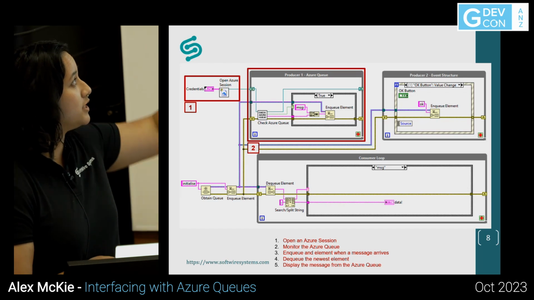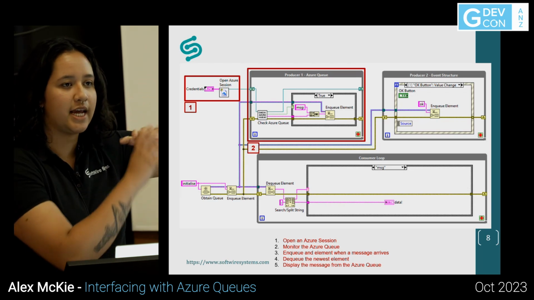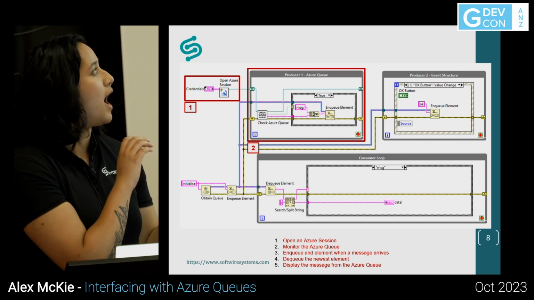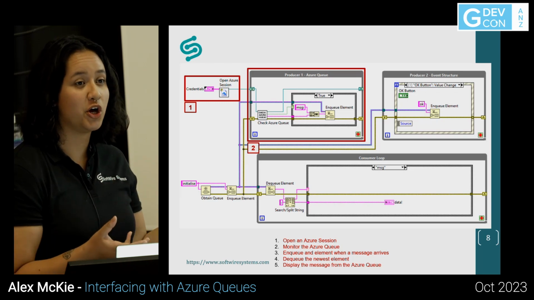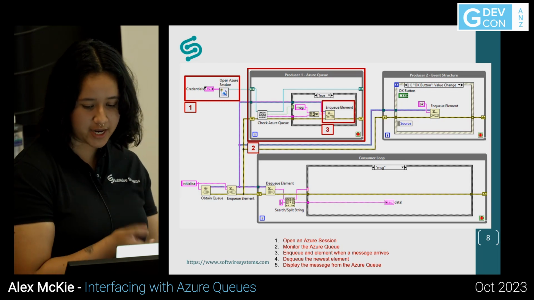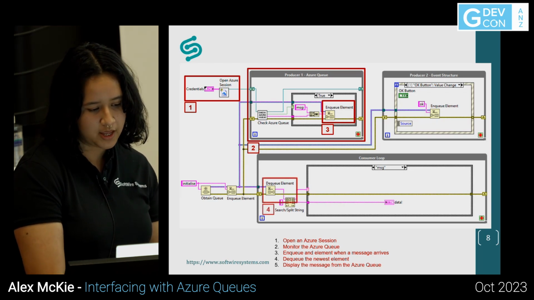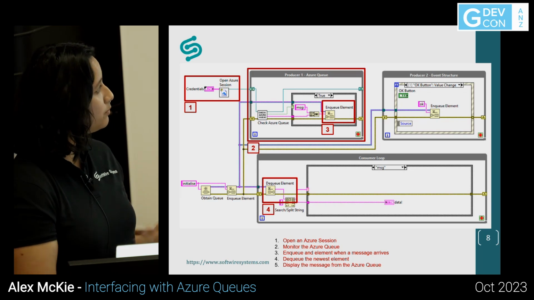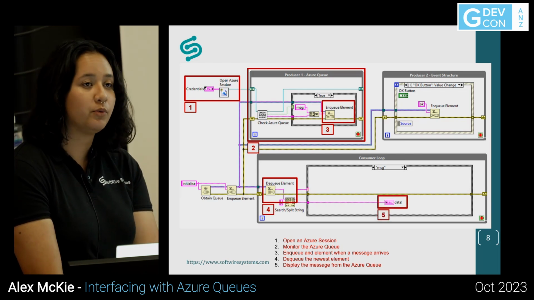And then there is some logic in that VI I have there that takes the get message VI. There's a few things to check if there's a message or not, and if there is, we will enqueue an element, and then down the bottom in our consumer loop, we dequeue it, and then we can do whatever we want with the data.